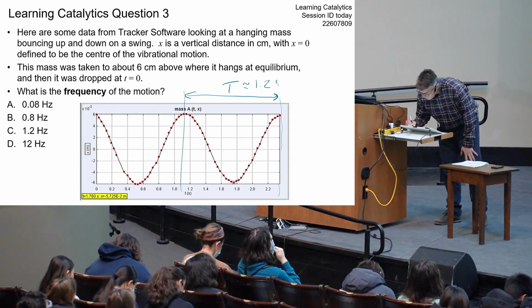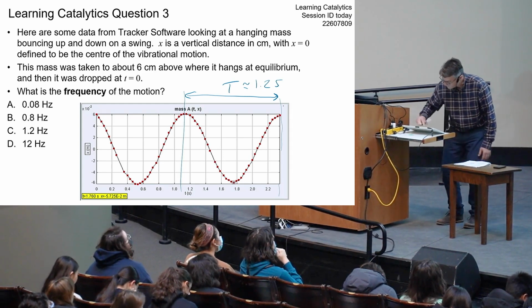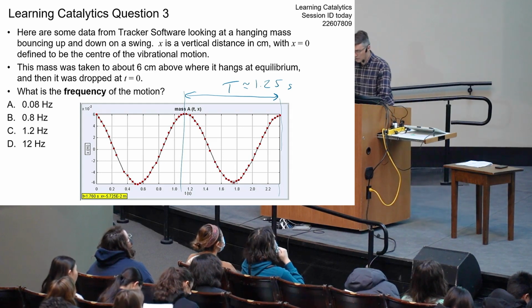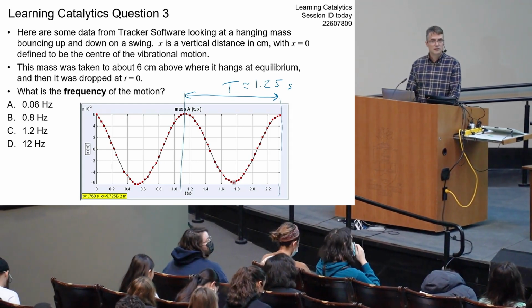I don't know what it is here, maybe 1.25-ish, something like that. It's a little hard to estimate, but go once, go twice. You guys have frequency?